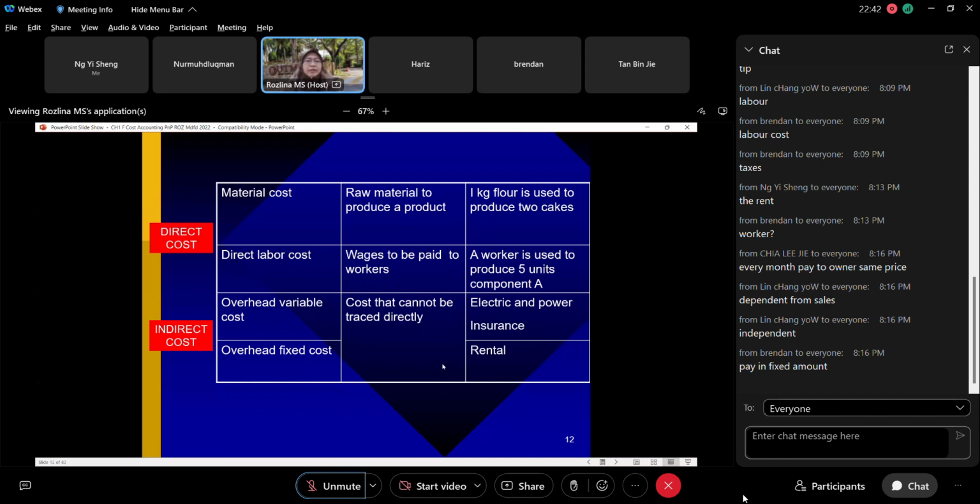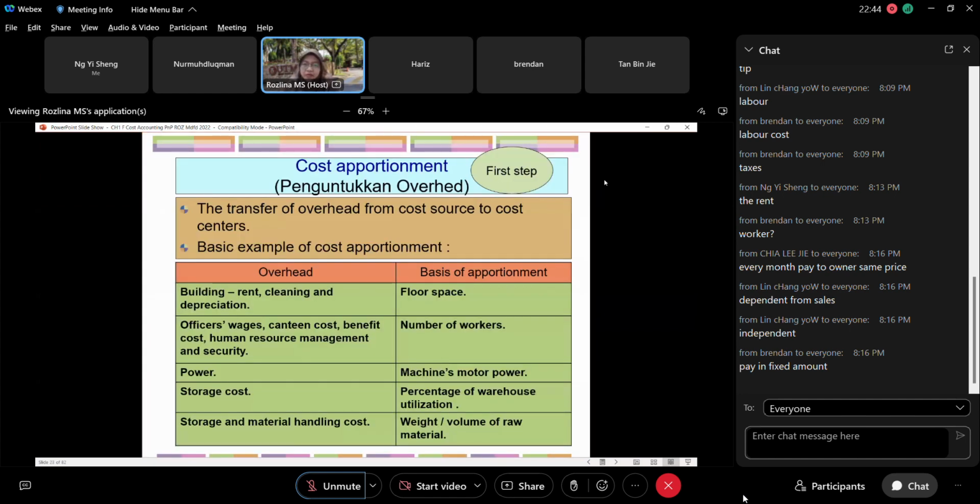Okay, now we go slowly, a bit deeper. Now we go to the cost apportionment. It is about the overhead. This is overhead, and we have building, wages, canteen cost, benefits and so on. Power, storage, material handling. So we have to know how to measure the overhead.